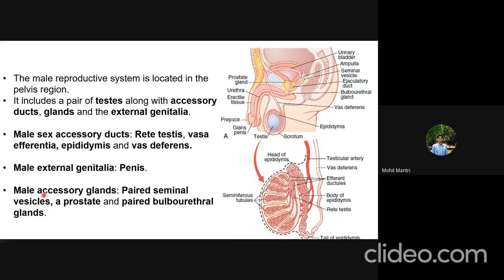And male accessory glands include a pair of seminal vesicle, a single prostate gland, and a pair of bulbourethral gland. So this is the testis, this is the vas deferens, these are some accessory ducts, and this is the penis, and this is the further image of testis, including all the other accessory ducts.